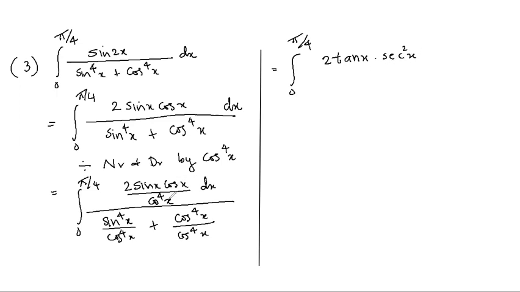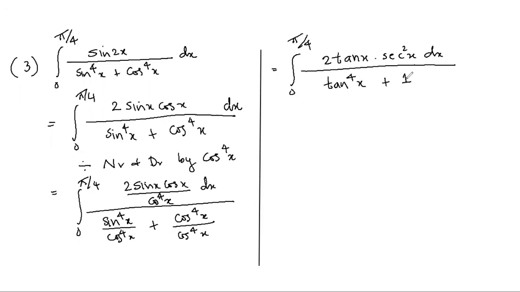Sec square is 1 by cos square. One cos got cancelled, so you have cos cube x. One cos got attached to sin x to give you tan x. The remaining cos square became sec square x. And the denominator became tan raised to 4x plus 1.